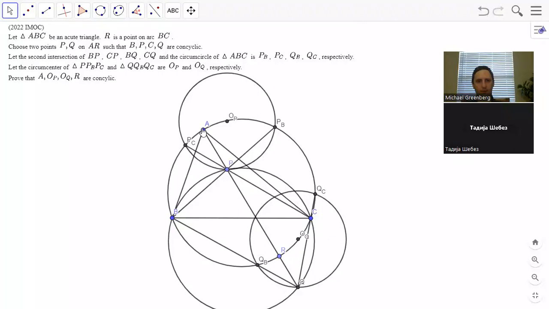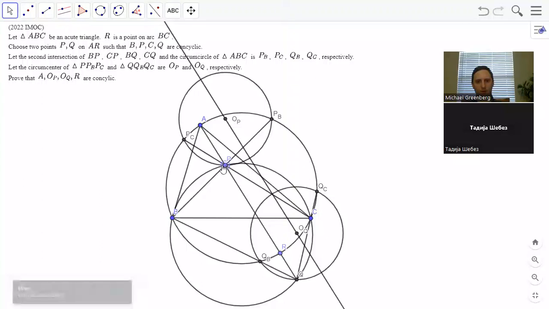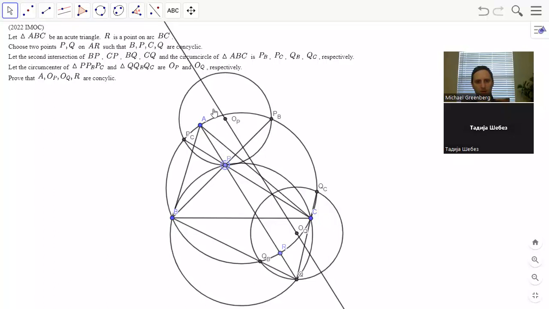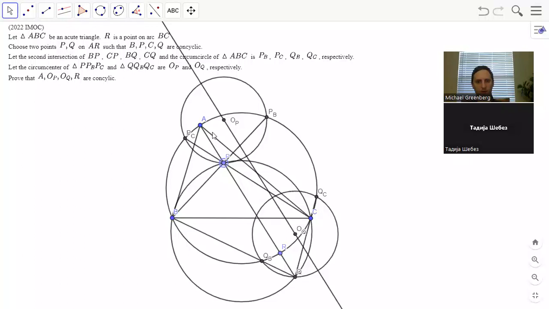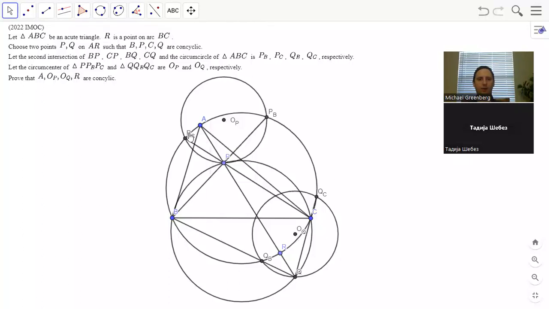Okay. And now it almost looks like OP lies on. It almost looks like a trapezoid. Let's check. Yeah, I think it's really an isosceles trapezoid. Okay, that's interesting. So yeah, they're tricking us.